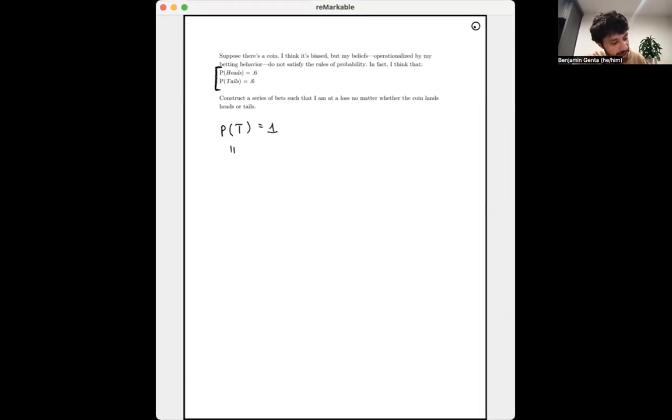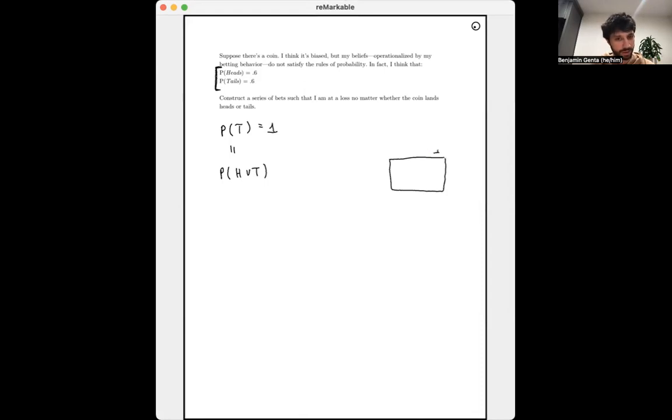Now we know that the probability of heads or tails is equal to 1, because heads or tails is a tautology. If I flip a coin, then it either lands heads or it lands tails. And that is the whole space.